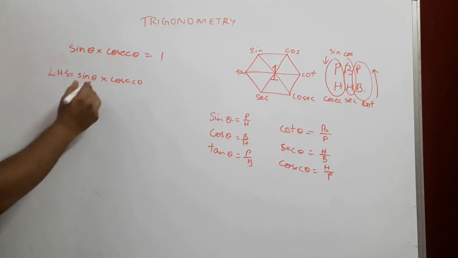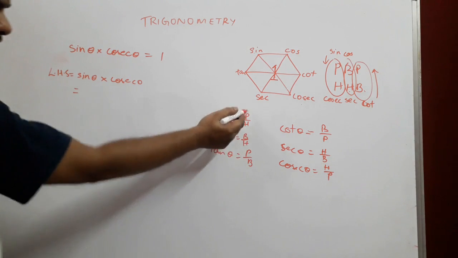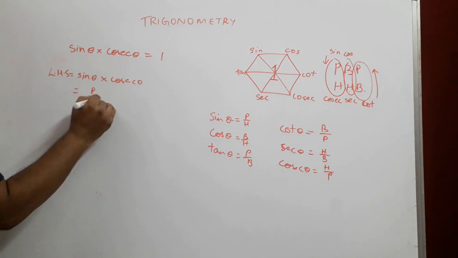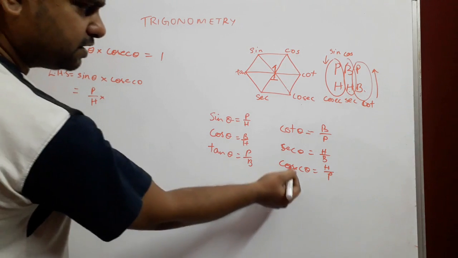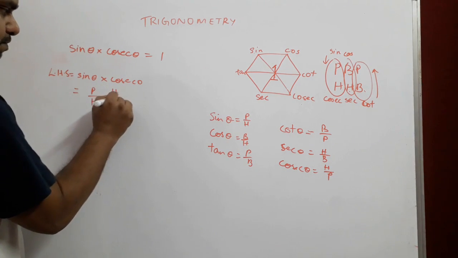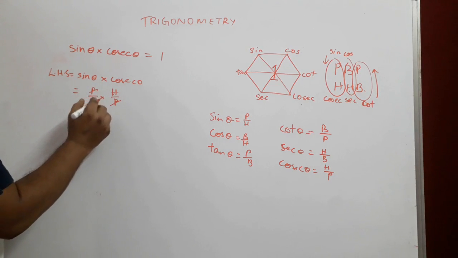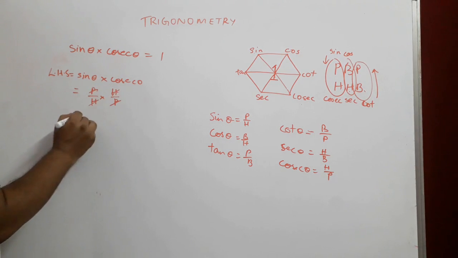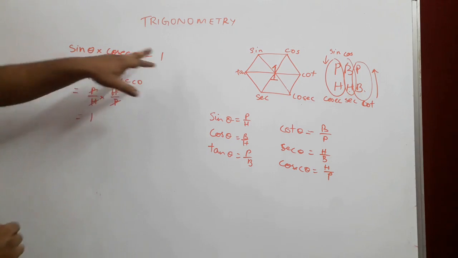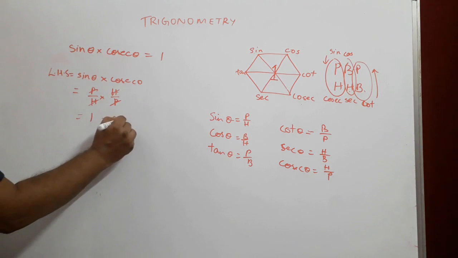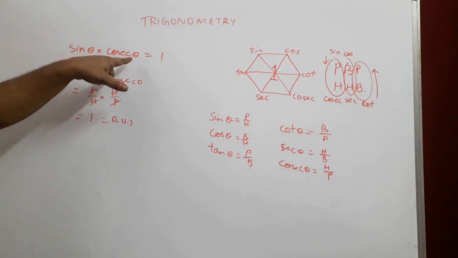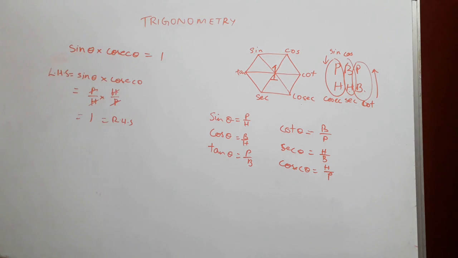Now what is sine theta as per Pandit Badri Prasad? P upon H. What is cosec theta? H upon P. P and P cancel and H and H cancel, and we are left with 1, which is equal to our right hand side. That means sine theta into cosec theta gives us 1.